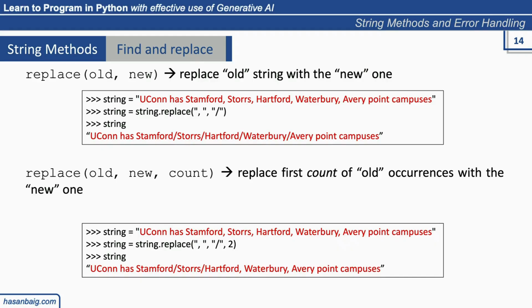I can give you this kind of string and ask what the output would be, or I can ask about this method, replace old string, new string, and if I want to replace the first three occurrences, what should be the value here, something like that.